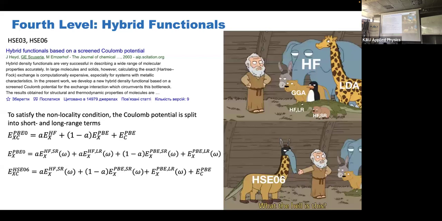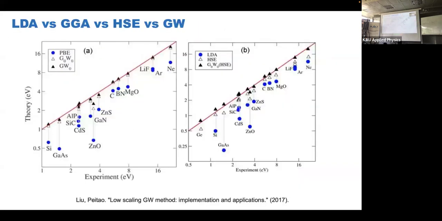It works well in constructing good calculations for band gaps. So we can obtain rather good band gaps with these potentials, but they cost a lot of computational power.